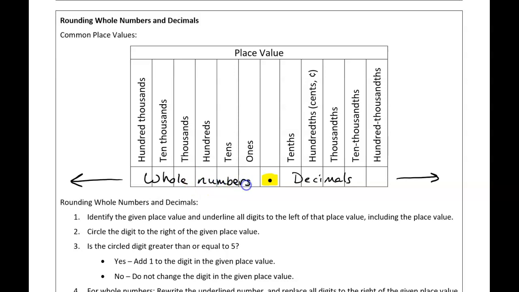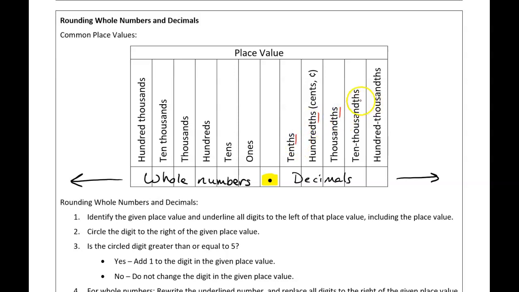Remembering the pattern of the names will be useful as well, and there is a pattern. Notice that the decimals on the right-hand side, tenths, hundredths, thousandths, ten-thousandths, all end with a TH-S.